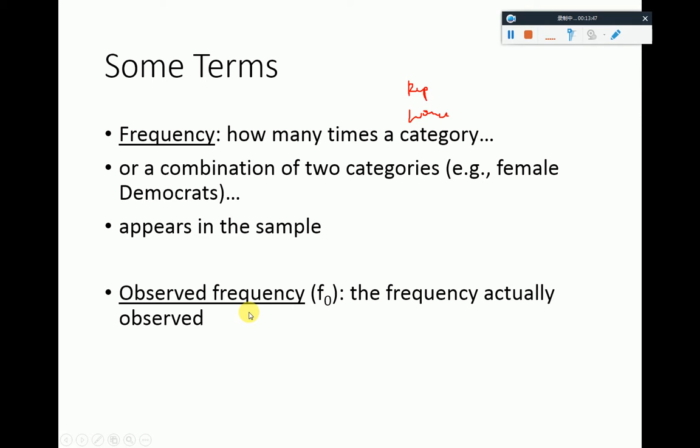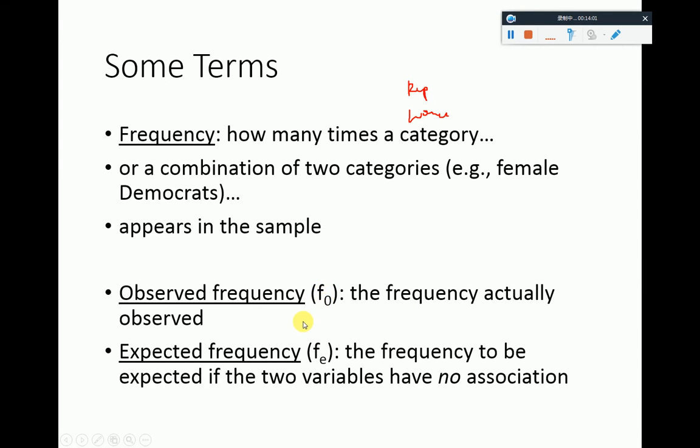And then we need to distinguish between two types of frequencies. The first type is what we actually observe in the sample. We use FO here, frequency observed. The second important frequency for the chi-square test is what we call expected frequency.